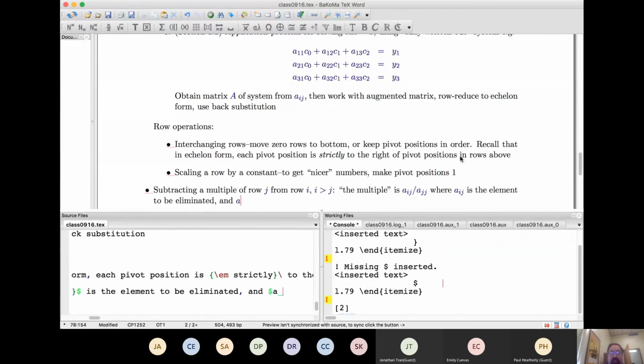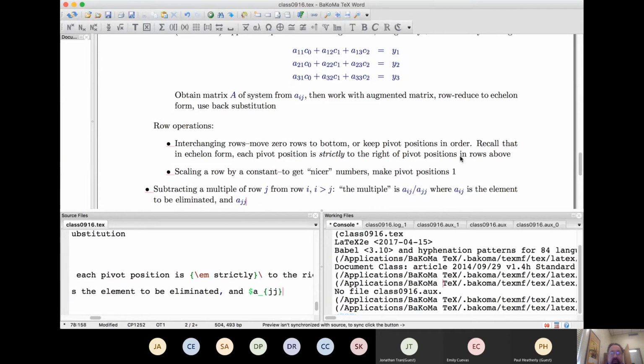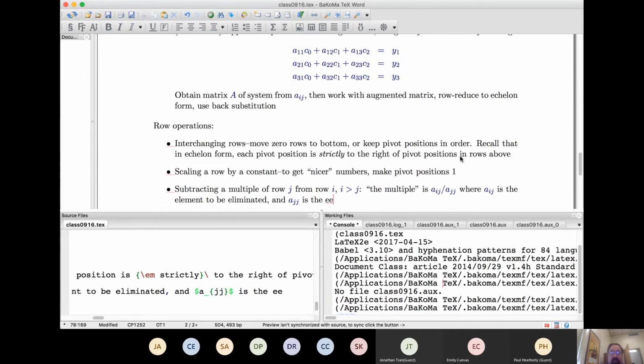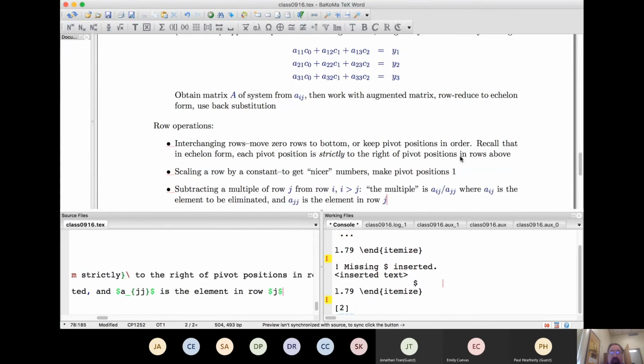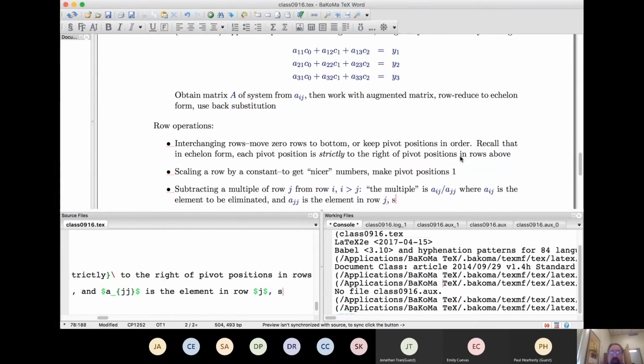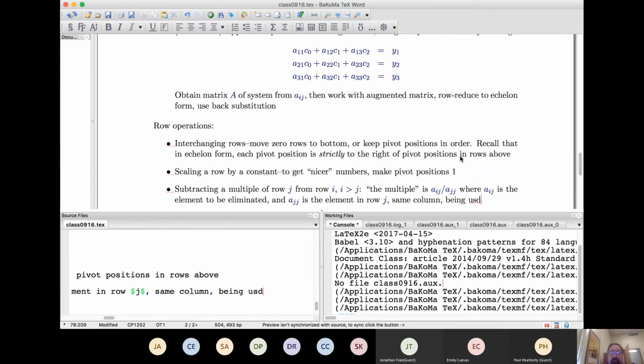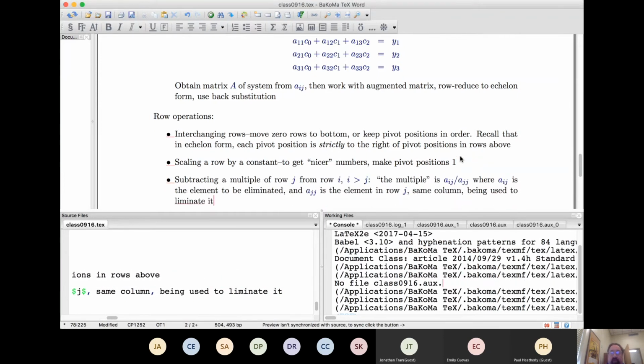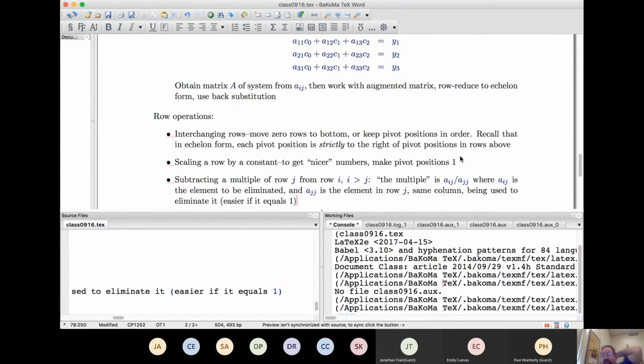And a_jj is up above it, in the same column. It's basically what you're using to eliminate it, which is easier to do if that element is equal to 1, to get the right multiple.